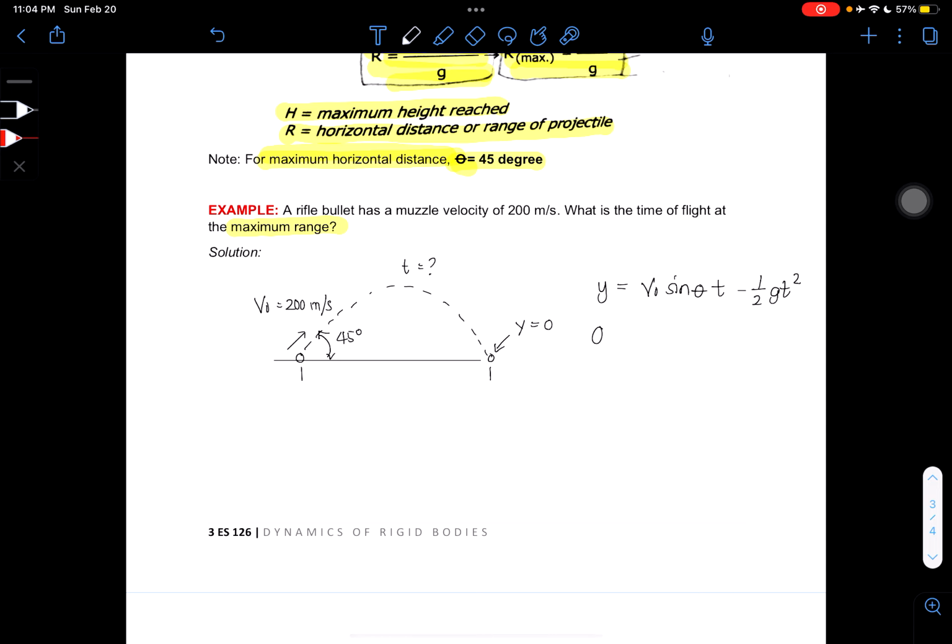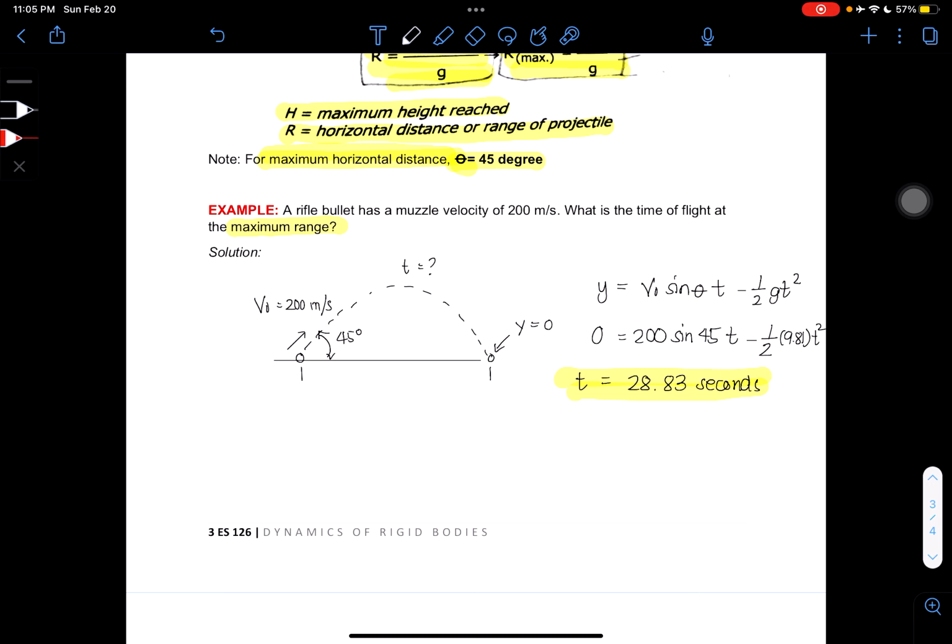So atong y 0, our initial is 200, sine of angle na to constant 45, t minus 1/2, gravity will be 9.81 t squared. So our t will be, solving on the calculator, 28.83 seconds. So this is our final answer for our problem number 1 for maximum height.